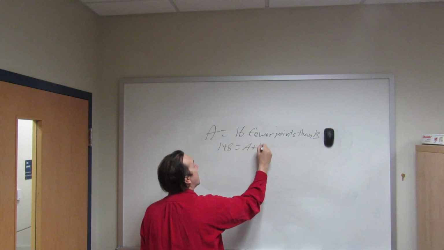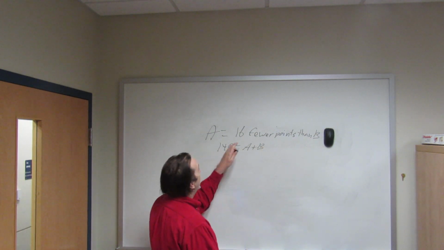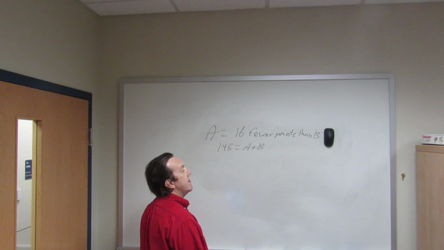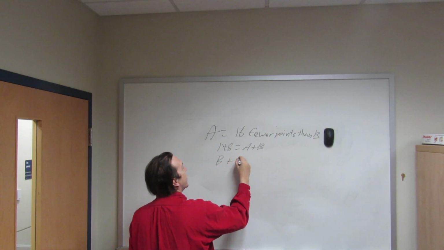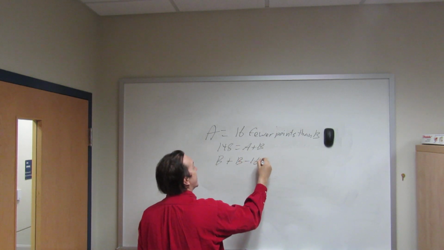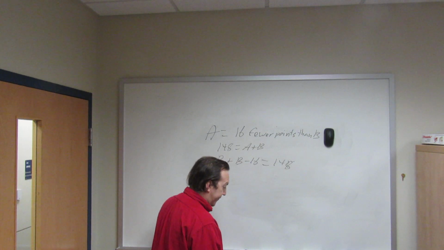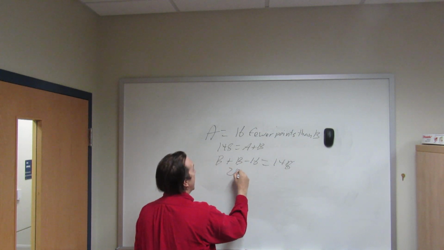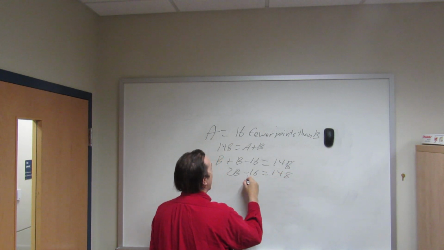So A plus B equals 148. So we don't know what Team B has, so we're going to say B and then plus B minus 16 equals 148. So now we're going to have 2B minus 16 equals 148.